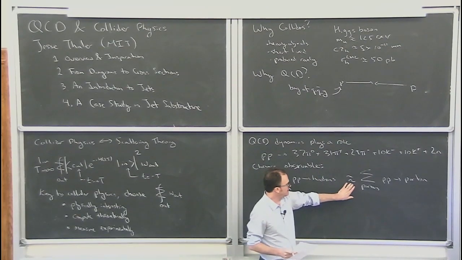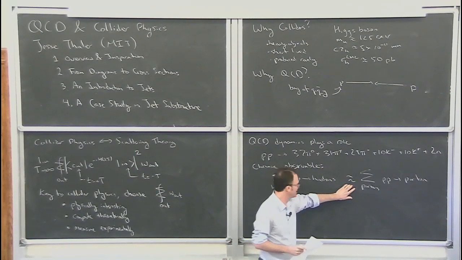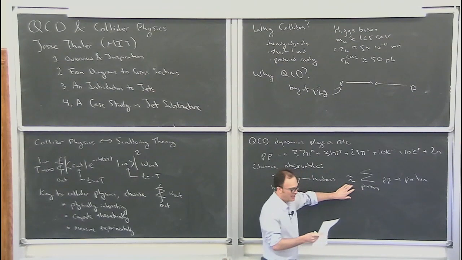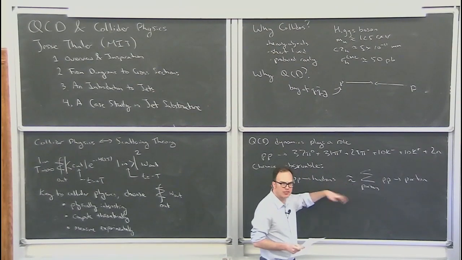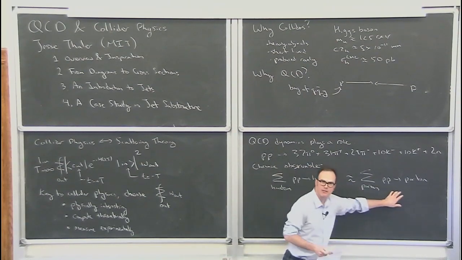And this squiggle will be complications that we'll deal with later in these lectures. But I want to have observables. I want to choose measurements that this approximately holds.